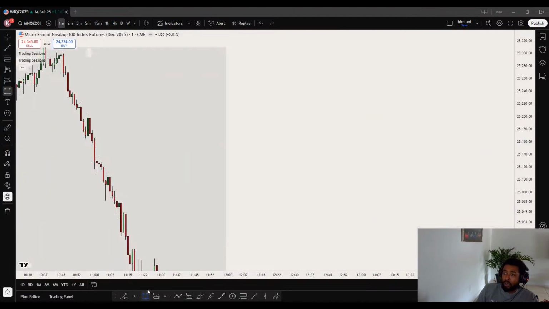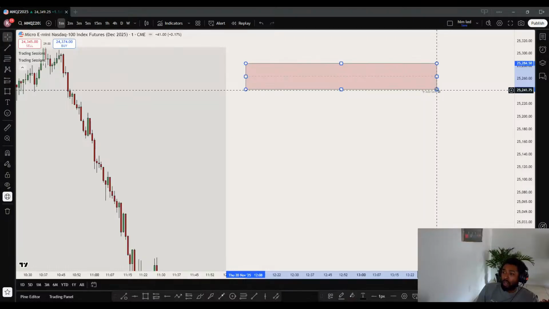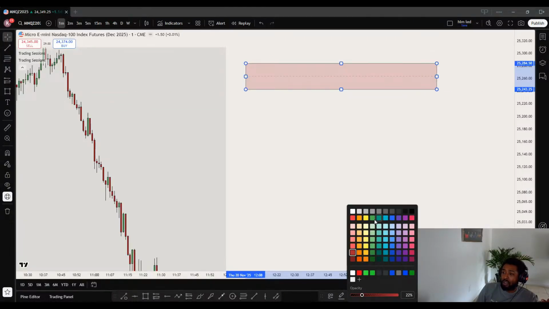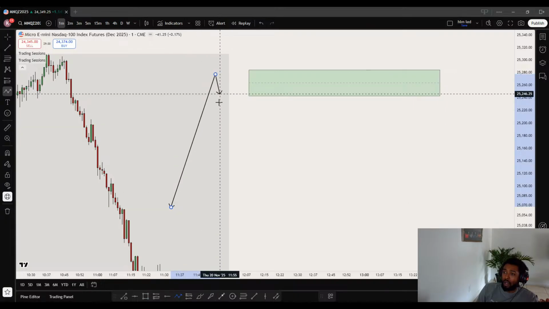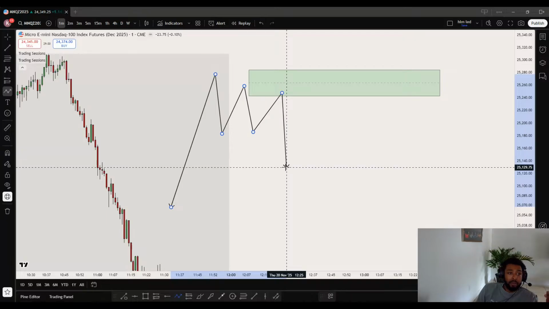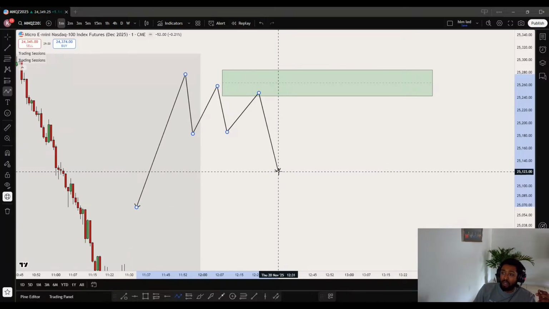Let's say I wanna go here. This is the draw. And then we have relative highs.